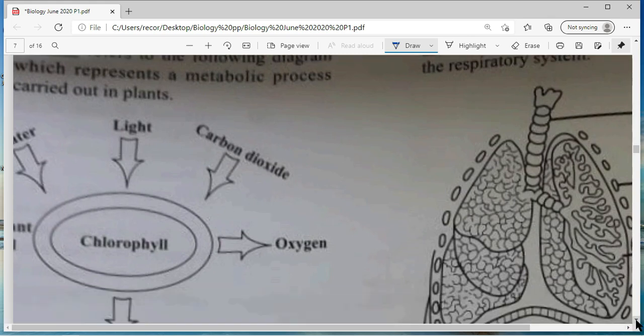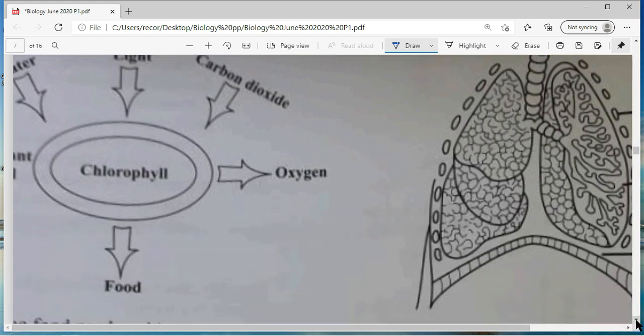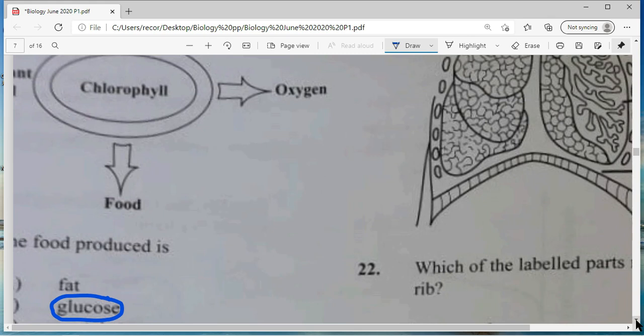In the cell we have some chlorophyll, and food. Oxygen and food are the products. The food produced is going to be glucose. One will recall that the formula for glucose in photosynthesis is C6H12O6. So glucose is the food being produced.